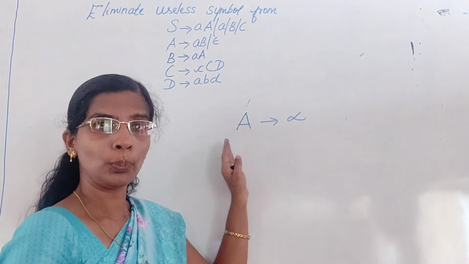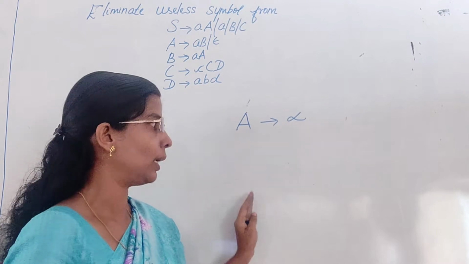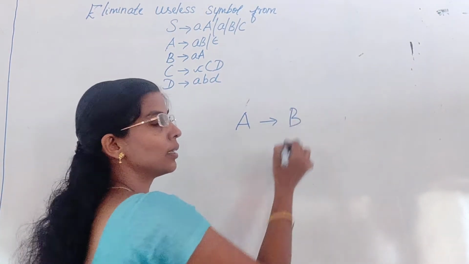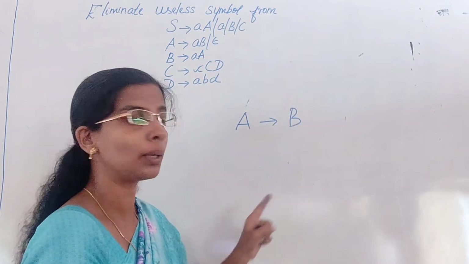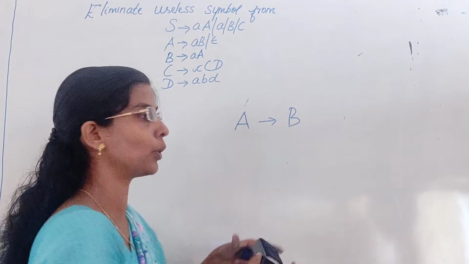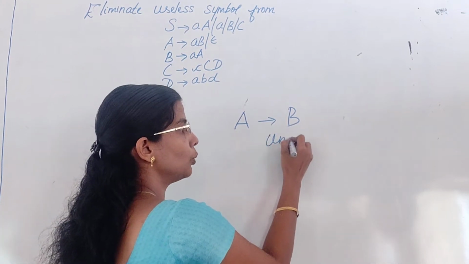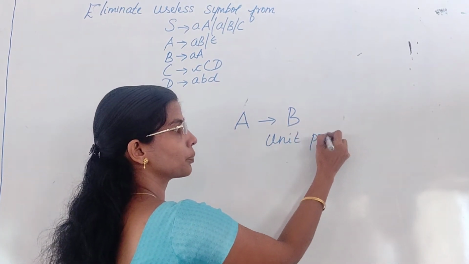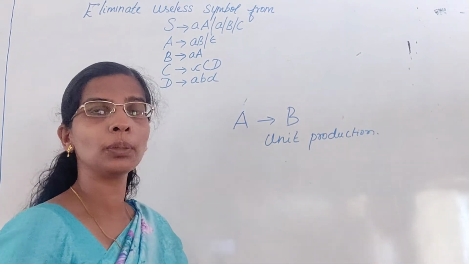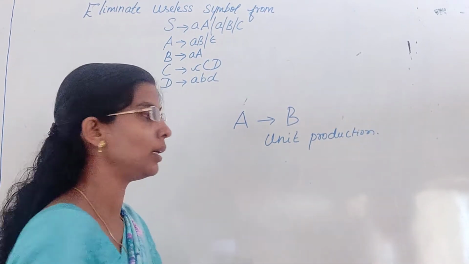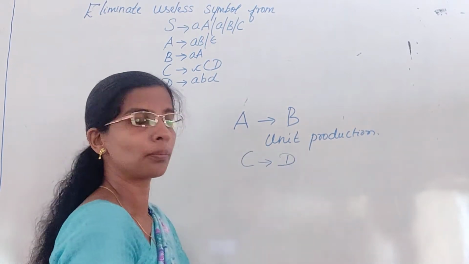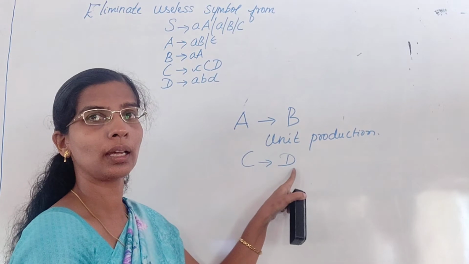Along with this single non-terminal in the LHS, if you have a single non-terminal in the RHS, it is known as a unit production. What is a unit production? A single non-terminal in the RHS. Something like this.